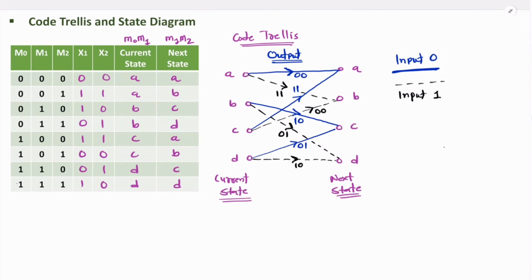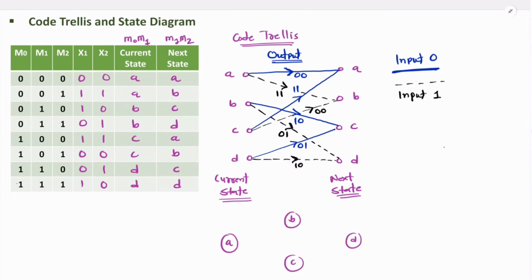Right. Now let me explain how to plot state diagram. See, the method is the same, just we need to have a different diagram. Let me explain that. See, here in state diagram, first of all, you just note down states. Here we have state A, here we have state B, here we have state C, and here we have state D. That is how you note down states first.